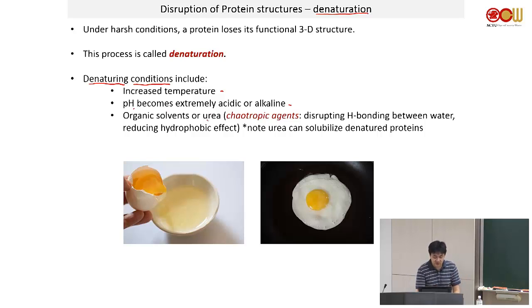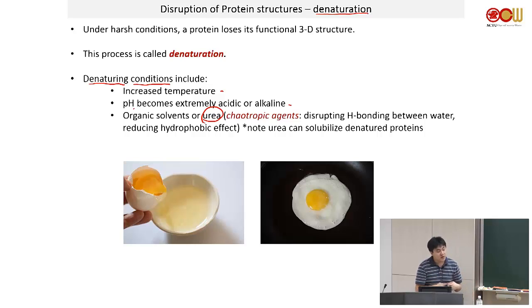Or sometimes you can use this thing called urea. Urea is a chaotropic agent which disrupts hydrogen bonding between water, and it's going to lower the hydrophobic effect. A big part of why your protein can fold, we say the core of the protein is mainly hydrophobic, is because of the hydrophobic effect.